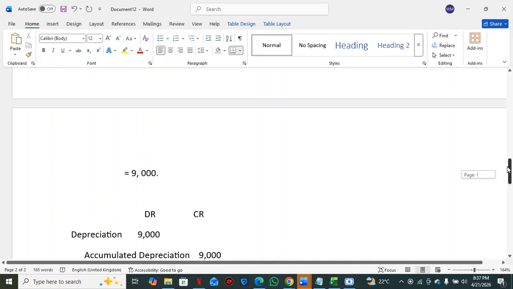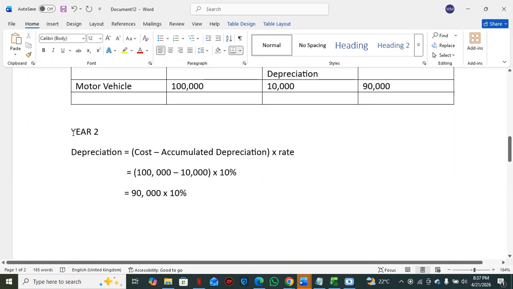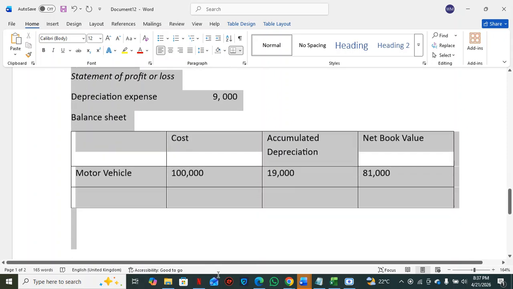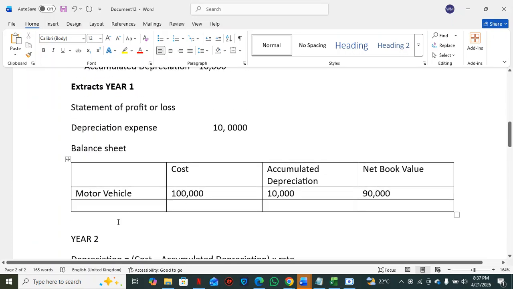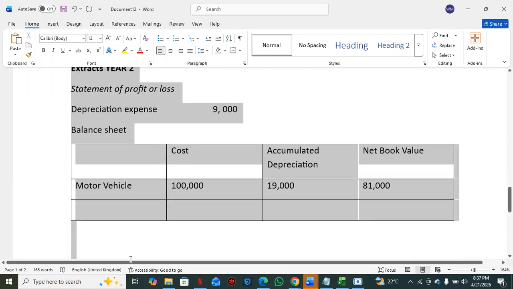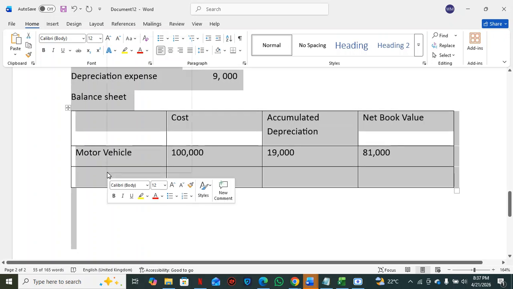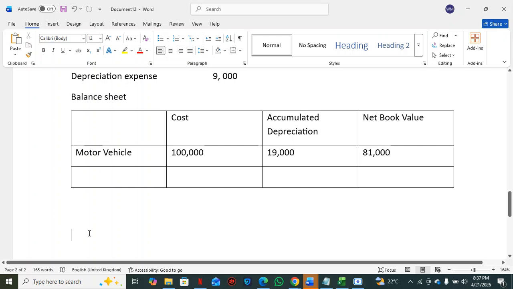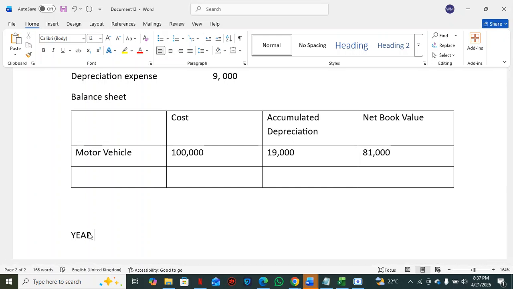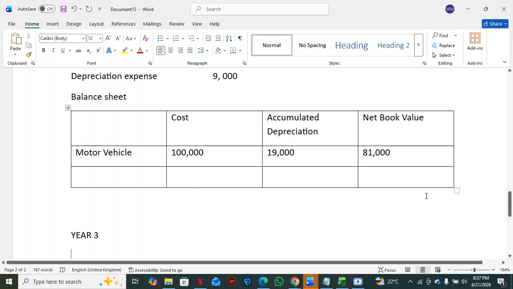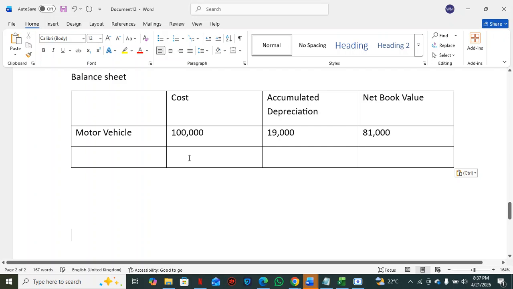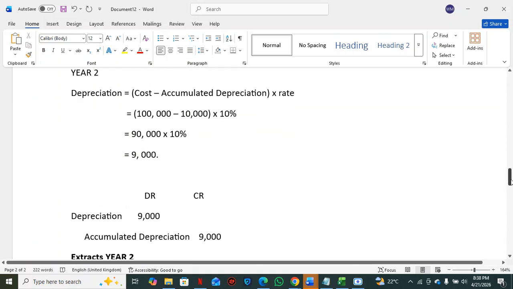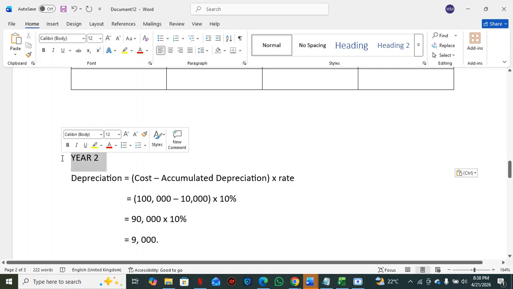Okay. Year three comes around. Calculate the depreciation expense for year three.